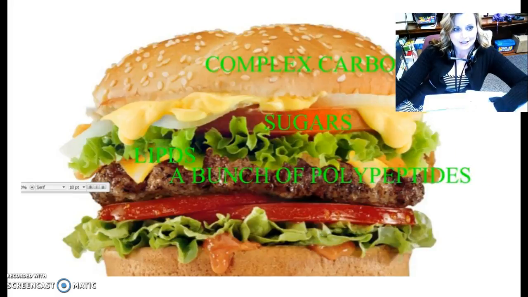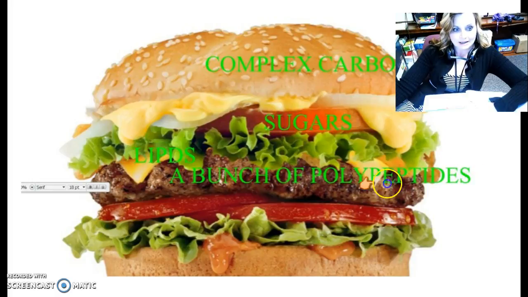So this picture of a cheeseburger, which looks exceptionally tasty, is made up of a lot of the things that you need to not be dead, including complex carbohydrates, which you use for energy, and sugars, which are not complex carbohydrates, which also are used for energy.